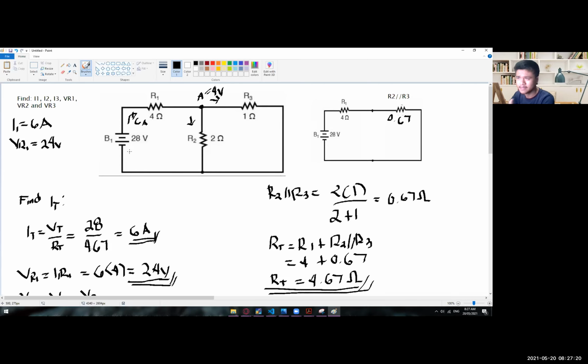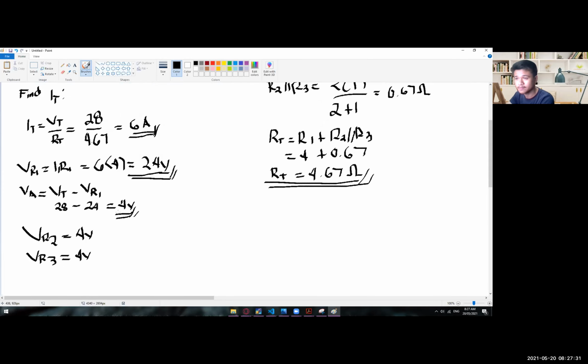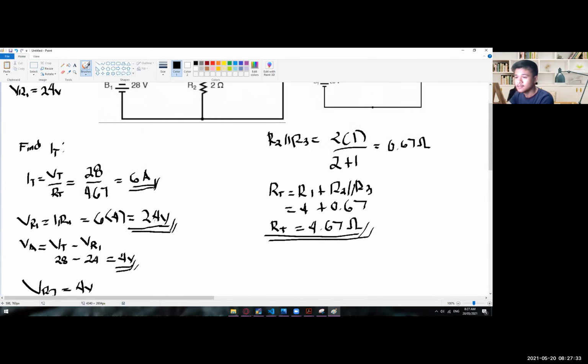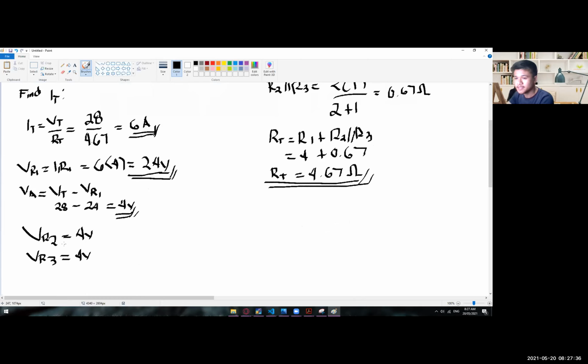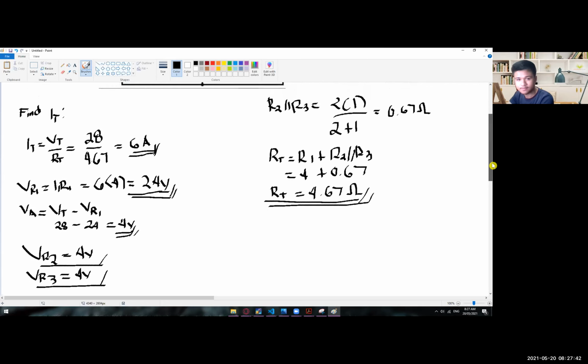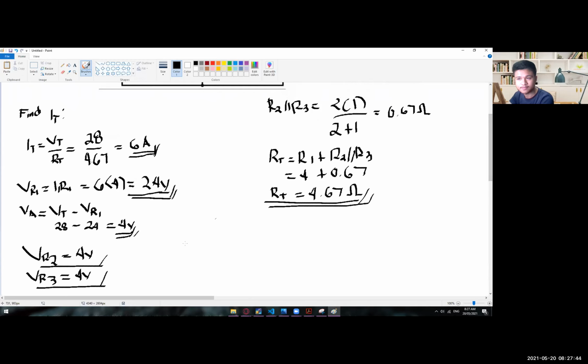So we could also apply the concept of KVL. After passing through all of those loads or resistors, as soon as it goes back to this original source, it is now equal to 0. Okay, so were you guys able to follow on how we got this VR2 and VR3? What about the others?